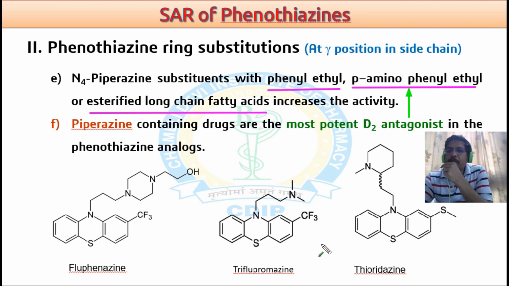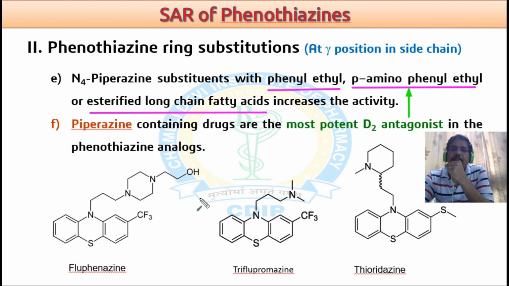And if you compare the congeners of these gamma substituted analogs, then fluphenazine has the highest potency as compared to trifluopromazine, in which the gamma terminal is N,N-dimethylamino, and thioridazine, in which the gamma terminal is a 2-methylpiperidinyl system, and the rest of the structure is quite the same.